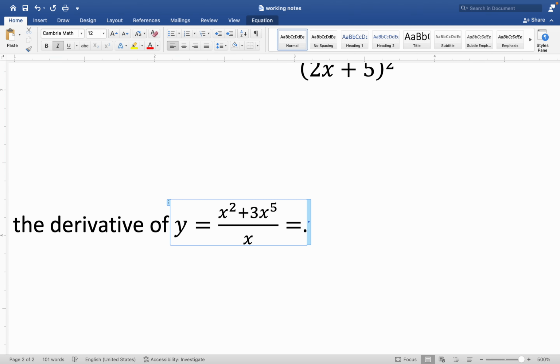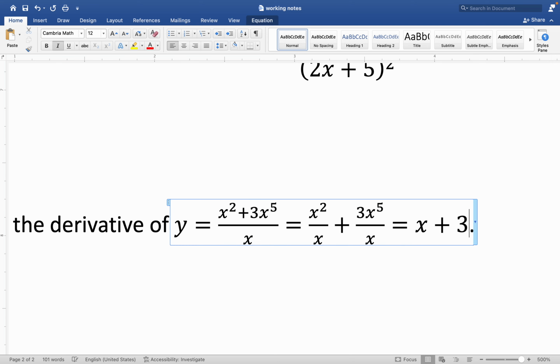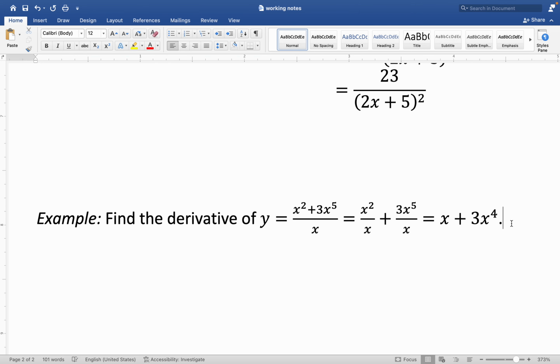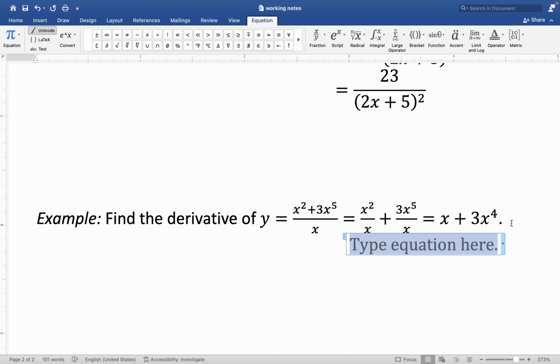So if you split the fraction here, you get x squared over x plus 3x to the fifth over x, which can be simplified to just x plus 3x to the fourth after doing the cancellation. And that's a really easy function to differentiate, right? The derivative would just be 1 plus 12x to the third, and you're done.